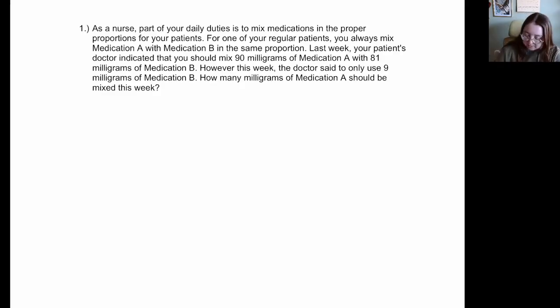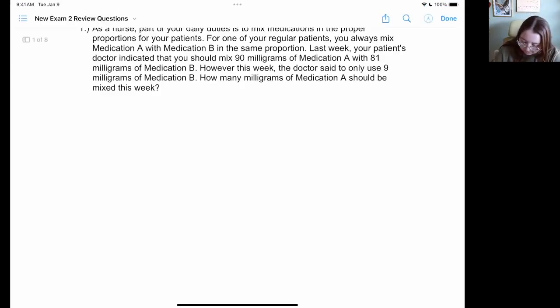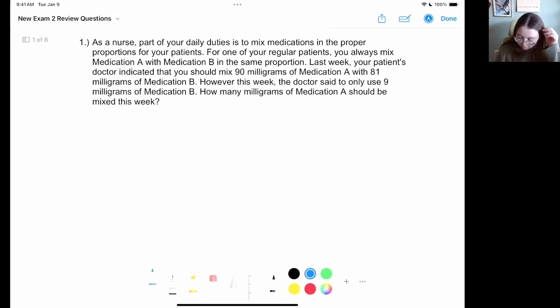All right, so like we said, we have medication A and we have medication B. Last week we had a certain proportion where we used 90 milligrams of medication A and 81 milligrams of medication B. So we know this fact now.